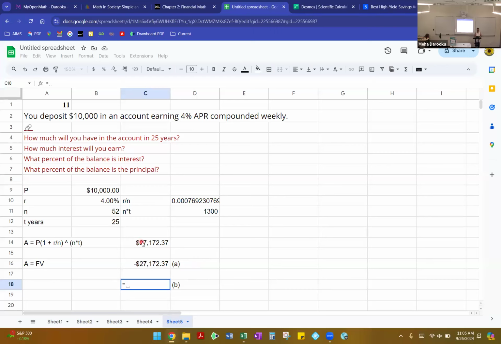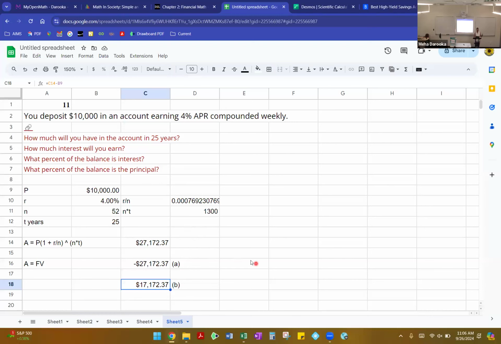Very good. So you're gonna take the future value and subtract the principal from that. And it should be whatever minus 10,000, right? So 17,172.37 cents.